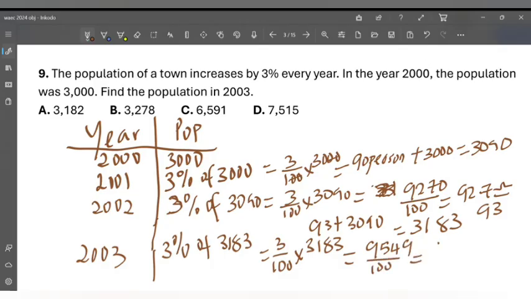So it is approximately equal to 95 persons when you divide this. So these 95 persons, add them to the 3,183 persons in 2002, and that tells you the total number of persons that you have in 2003. So 95 plus 3,183 gives me 3,278, which is option B.